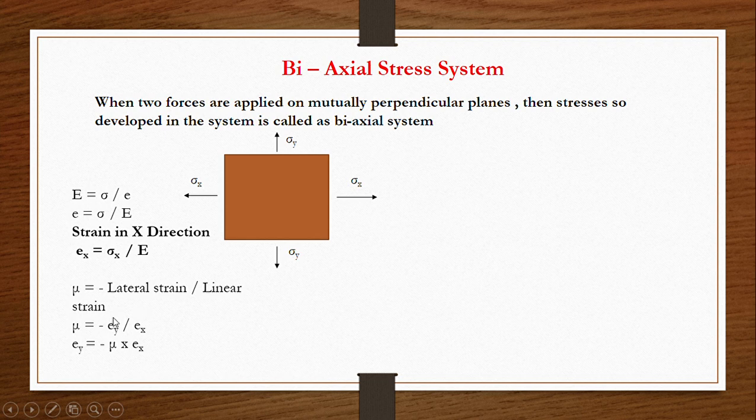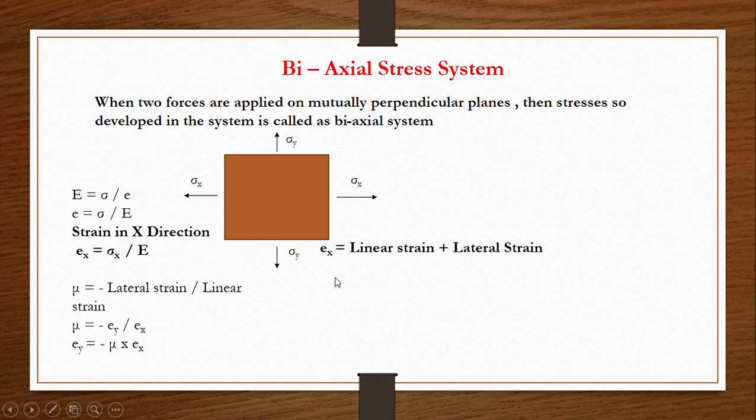If the force is acting in the x axis, that will be linear, and for that system sigma y will be the parallel, meaning lateral. So e of y divided by e of x, and we get one equation: e of y is equal to mu into e of x.